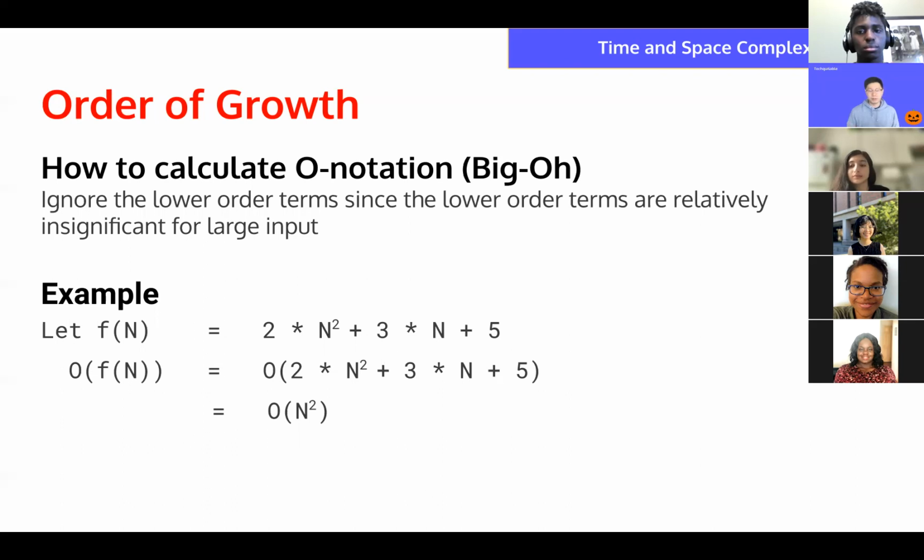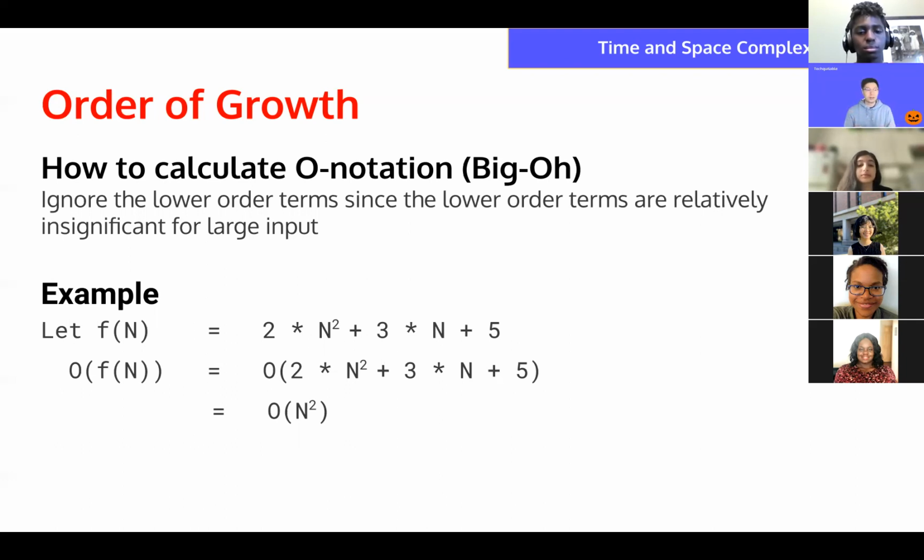So this is just a purely mathematical example, but let's say that you have a function with an expression that goes 2 times n squared plus 3 times n plus 5. If you describe this in big O notation format, you start to ignore any low order terms.